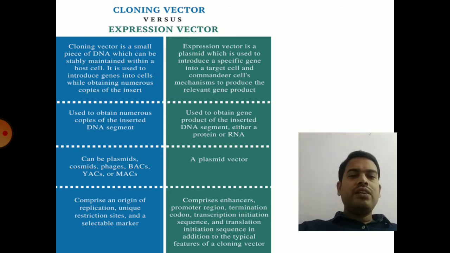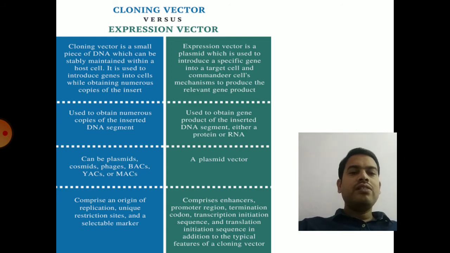So first of all, we have to know the difference between a cloning vector and an expression vector. A cloning vector is a vector in which our foreign DNA is introduced and you can obtain multiple copies of your foreign DNA along with the vector.